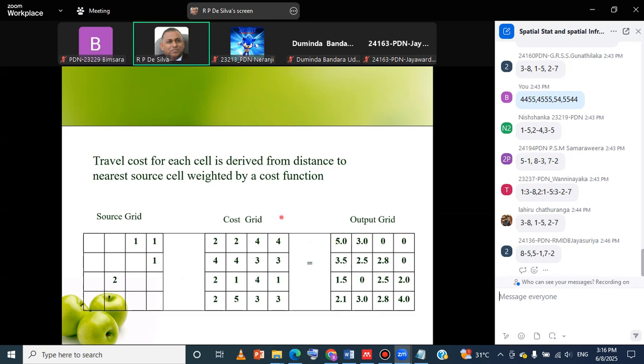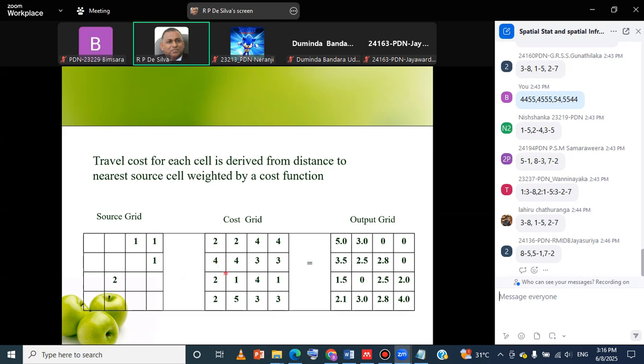Okay. I'll take the other example. From here, you can go Euclidean distance wise straight away to this, right? But from here to here, your cost is not only from here to here, it is 2.